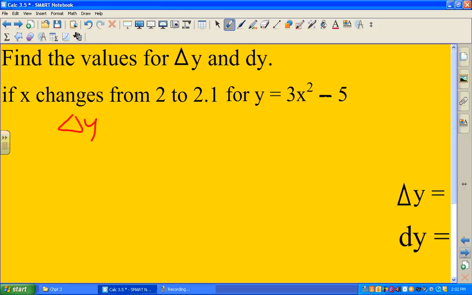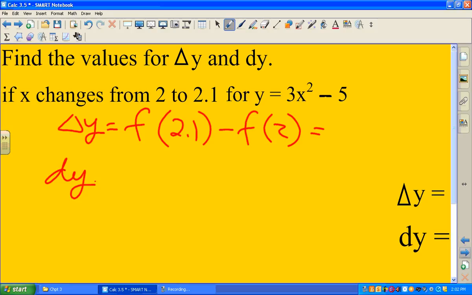Delta y means the function value of 2.1 minus the function value of 2. And dy, we had 6x delta x.